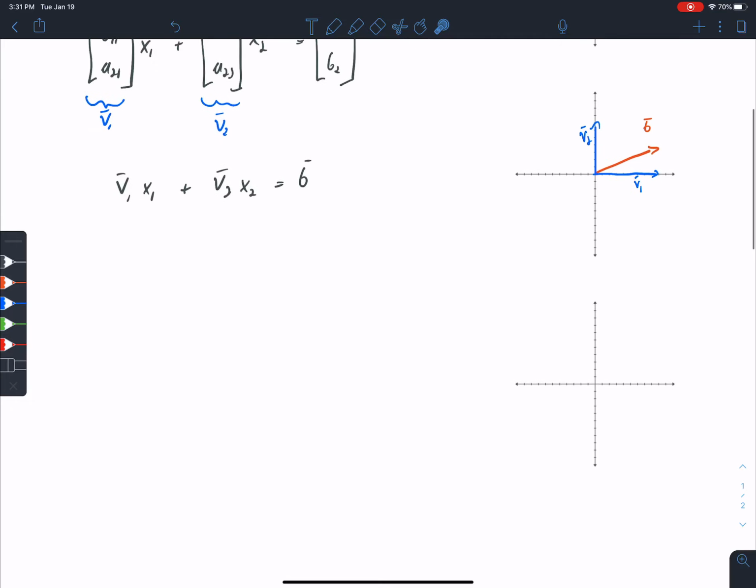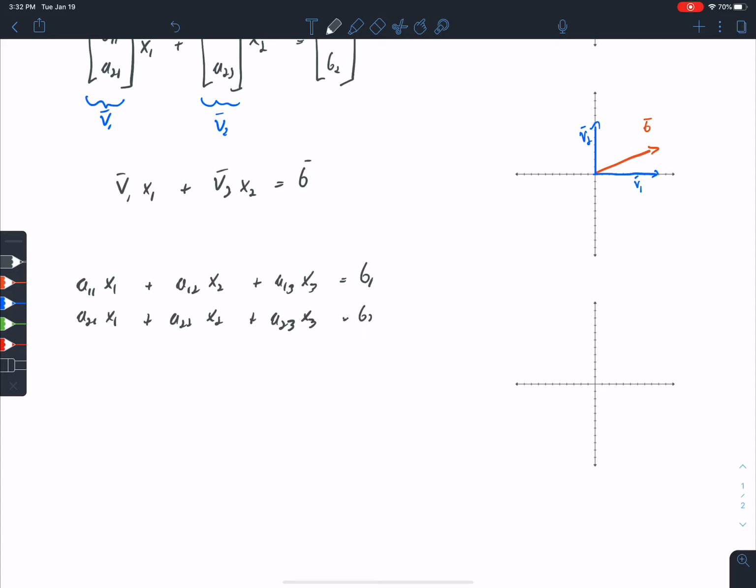Likewise, let's say we have a different linear system of equations, and let me write it this way now. We have a11 times x1 plus a12 times x2, and now I'm going to add a third one, a13 times x3, equal to b1. Then a21 x1 plus a22 x2 plus a23 x3 equals b2.